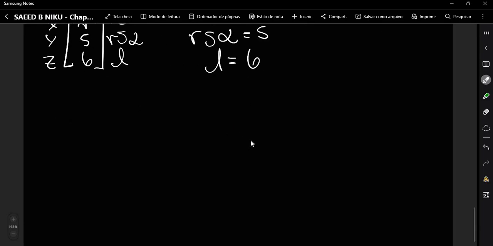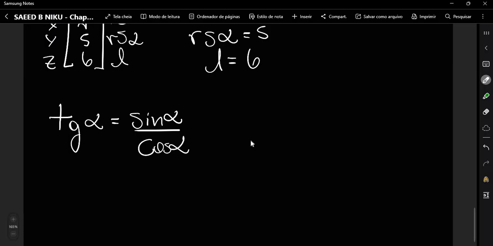Let's also use the trigonometric relation: tangent of alpha is equal to sine of alpha divided by cosine of alpha.